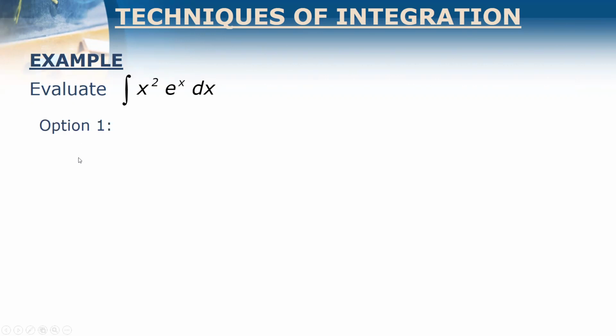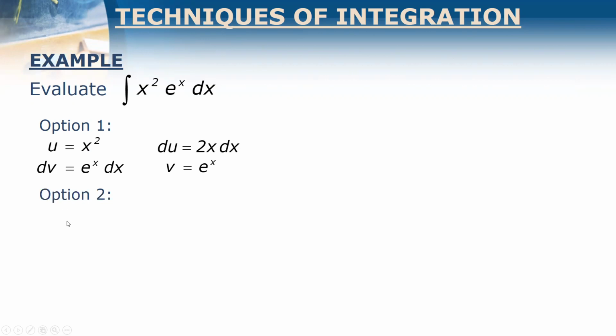So option 1, our u is x squared and our dv is e to the x dx. So differentiate u, 2x dx, and then integrate dv. Integral of e to the x dx is simply e to the x.